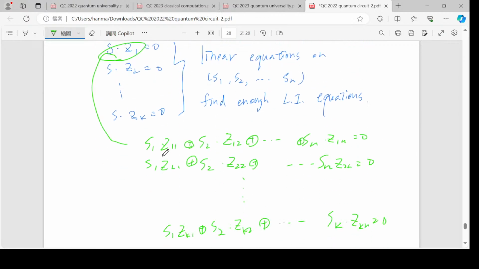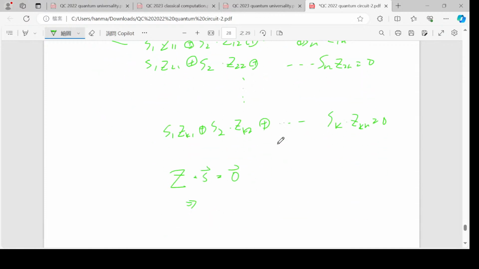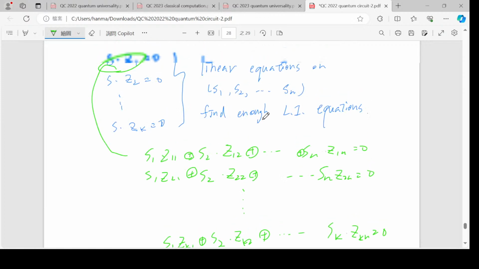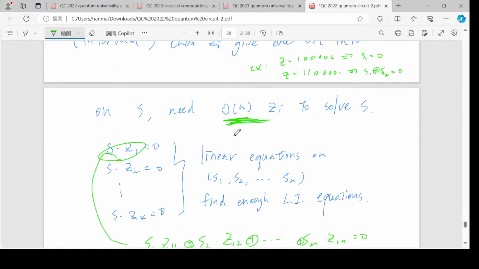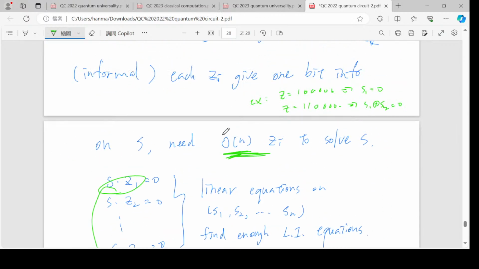How many do I need? If we get n minus 1 linearly independent zi, then we can determine S. Here we have a bit of probability theory telling us that if you keep drawing those uniformly random z, and you draw order n of them, then you succeed. Maybe this constant is like 10.